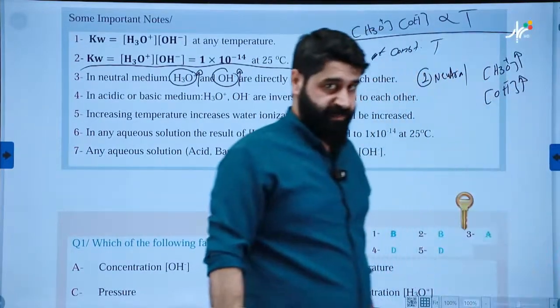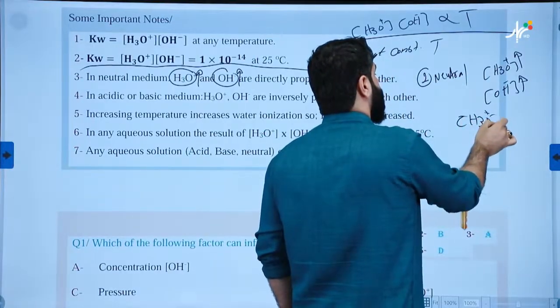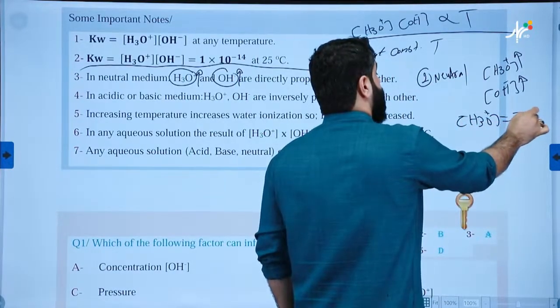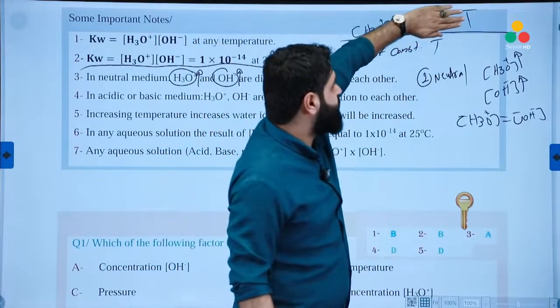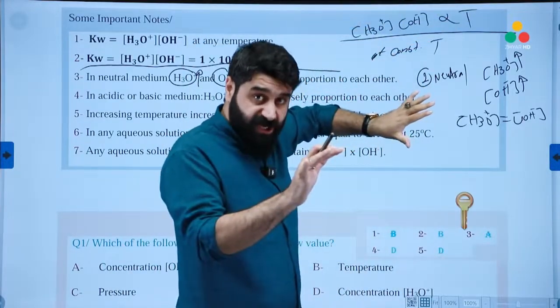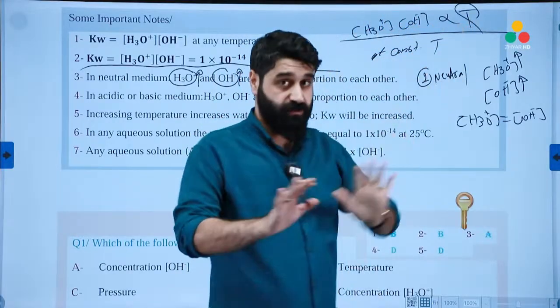They're direct, because they must be equal. Therefore H3O always equals OH. So in neutral medium, with changing temperature, H3O and OH are directly proportional with the temperature.